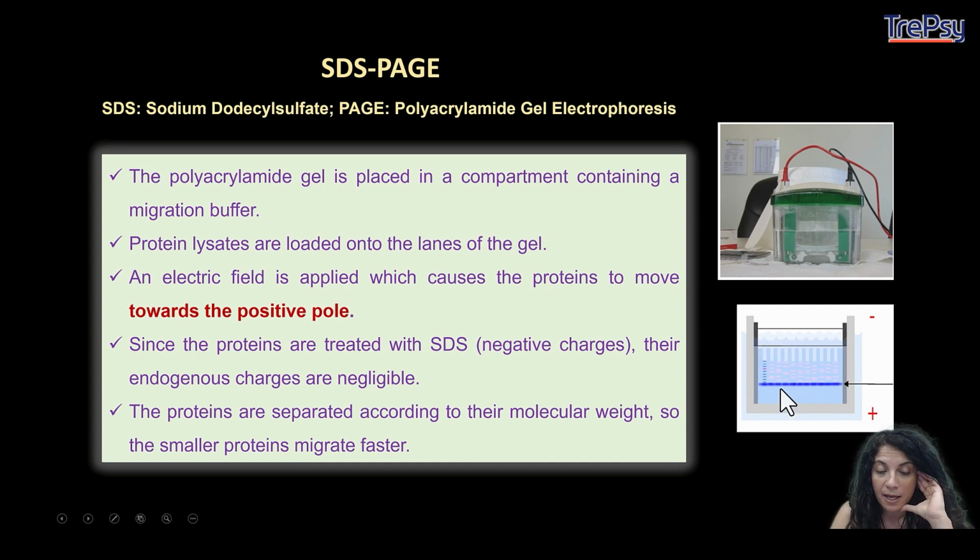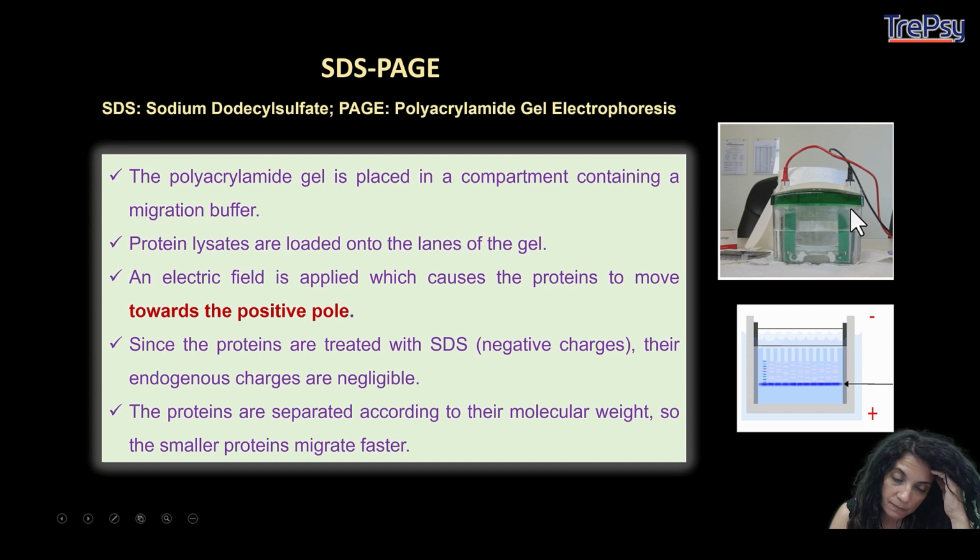Protein lysates are loaded onto the lanes, because you have different lanes in the gel. You have one lane for the proteins with different molecular weights, and in different lanes you can put your protein lysate.